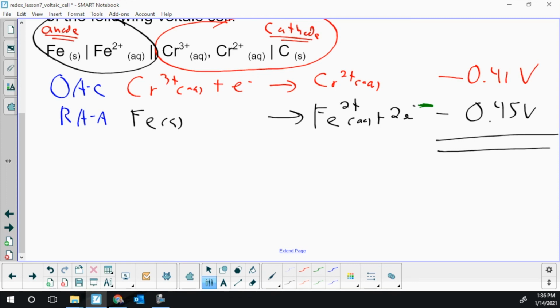The standard cell potential if you had 1 mole per liter of all of these aqueous chemicals. And that is a positive. You better get a positive value if it's voltaic, or you've flipped something or done something in reverse. 0.04 volts. Not going to be a very good battery for us. You're not going to run much on 40 millivolts, but that is the potential difference of this cell.